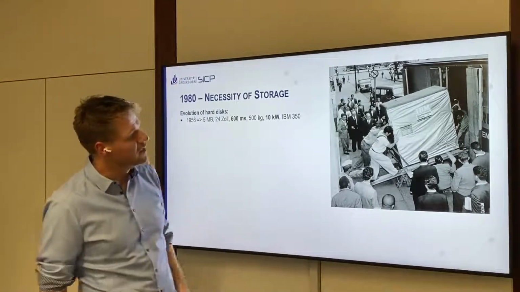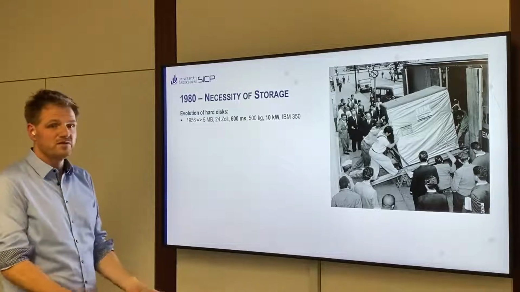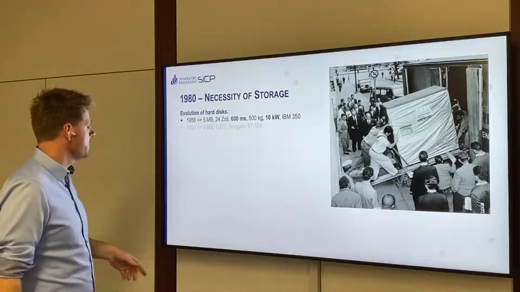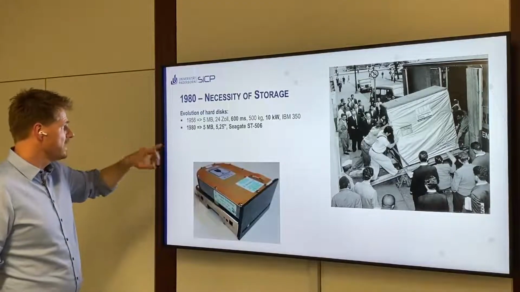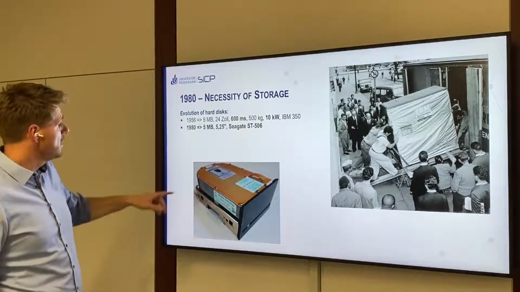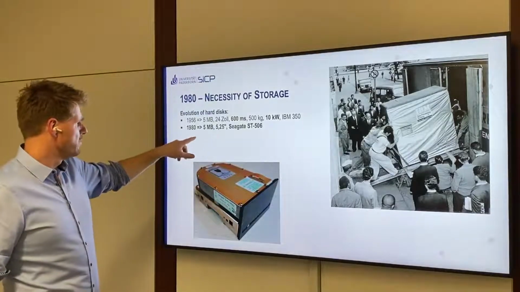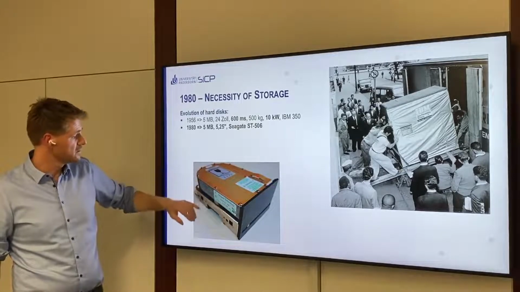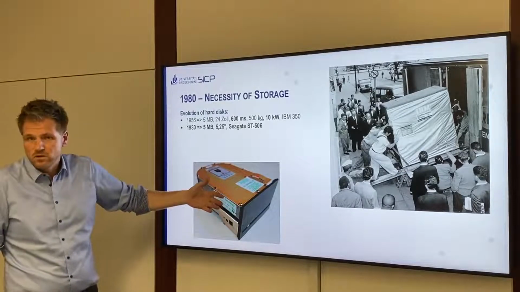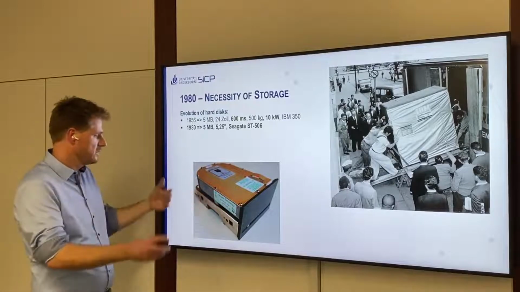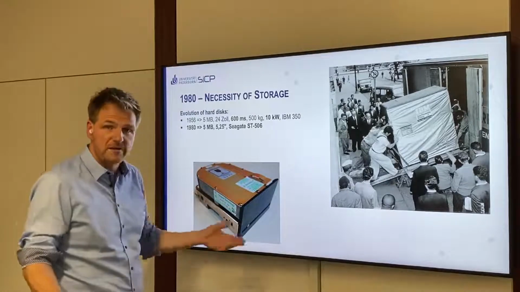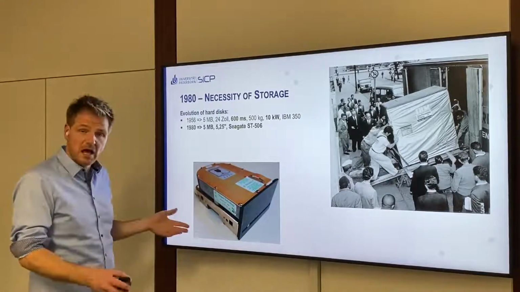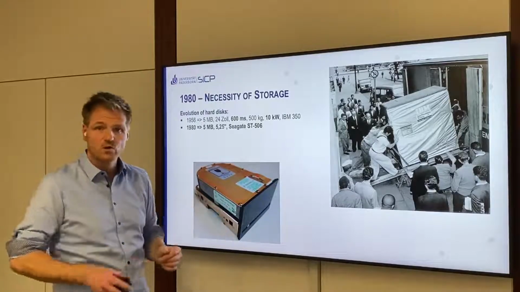Here you get the impression of what it means to move storage. In 1980, we have the Seagate with 5 megabytes at 5.25 inches. Maybe some of you can remember these drives. I've got one, and I have rebuilt it into a clock.